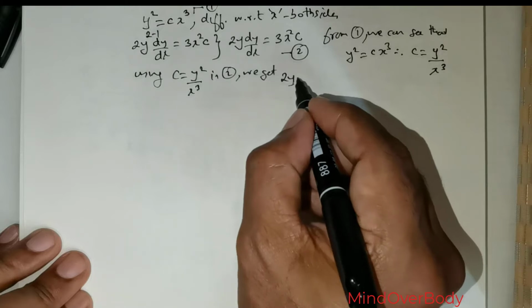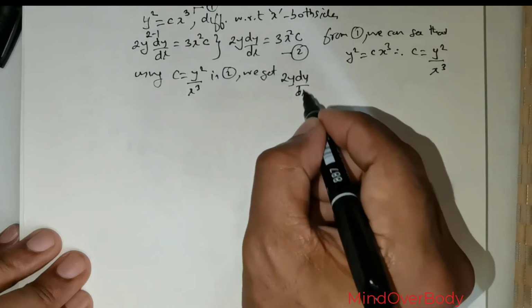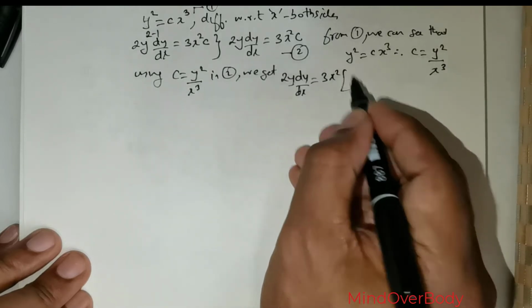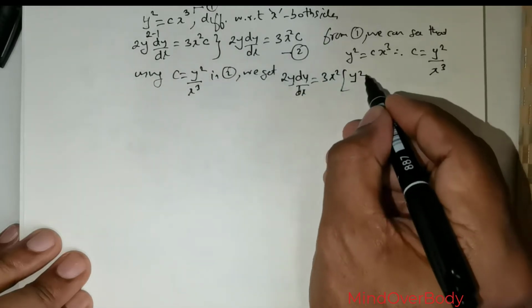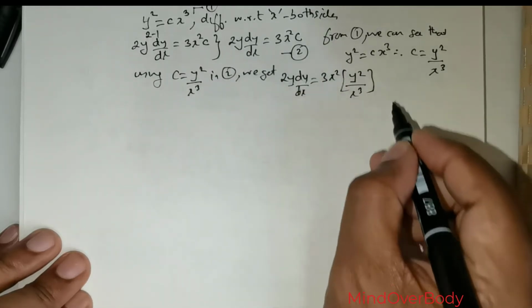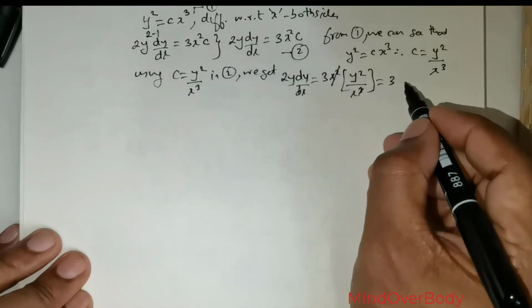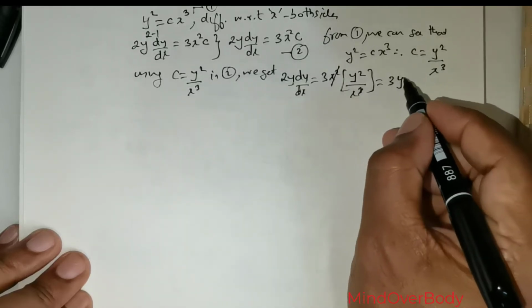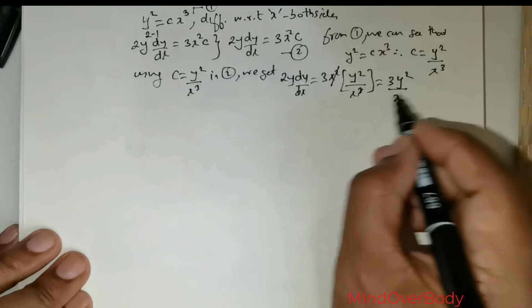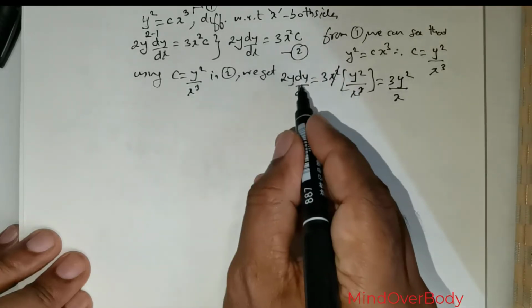We get 2y times dy over dx is equal to 3 times x squared. In place of c, this is going to be y squared over x to the power of 3. I can rewrite this as 3 times x squared, and x squared can be cancelled, giving me 3y squared divided by x. Now this is 2 times y dy over dx.